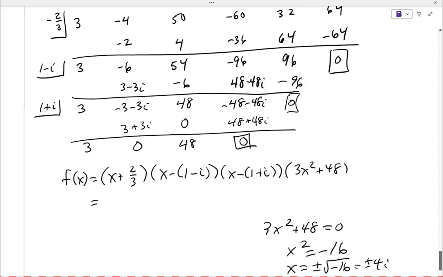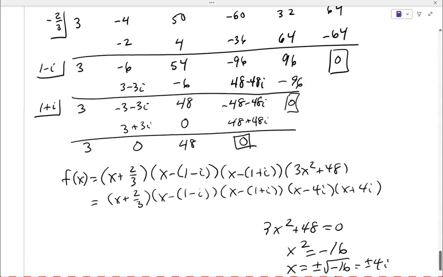The only tricky part on this one, since we ended up dividing out the 3, I have to be a little bit careful when I write the factoring. There's going to be one more thing we have to write in here. But notice again, 4i is a root, 4i is a 0, so x minus 4i is a factor. Negative 4i is a root, so x plus 4i is a factor.